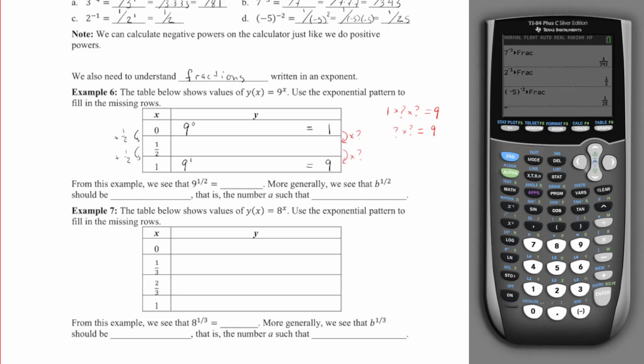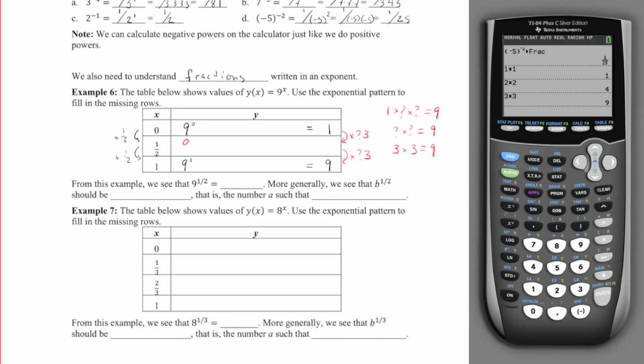Well, let's use a little trial and error. 1 times 1, that's 1. 2 times 2, that's 4. 3 times 3, there we go, 9.